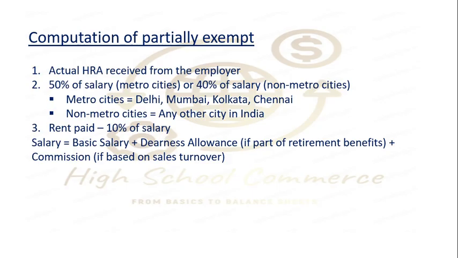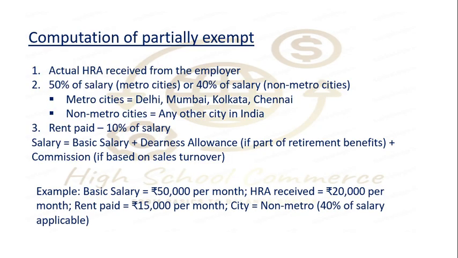So let's understand this condition with an example. Say the basic salary of a person is 50,000 per month. He has received HRA of 20,000 per month and he has actually paid rent to the landlord, say 15,000 per month. And the house is situated in a non-metropolitan city.